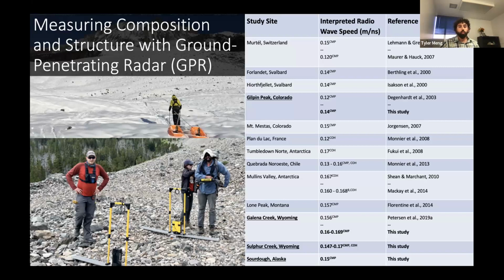So one of the most important parameters to consider when measuring thicknesses via radar is the radio wave speed, because really when we're doing a radar survey, we are transmitting a radio signal from a transmitter, which we have right here in the picture.